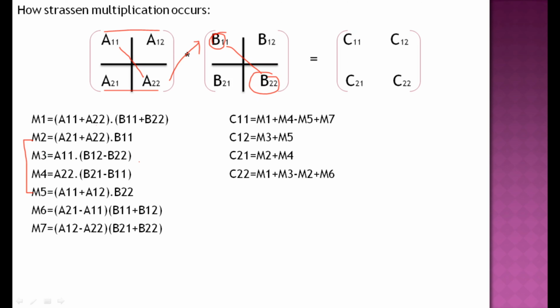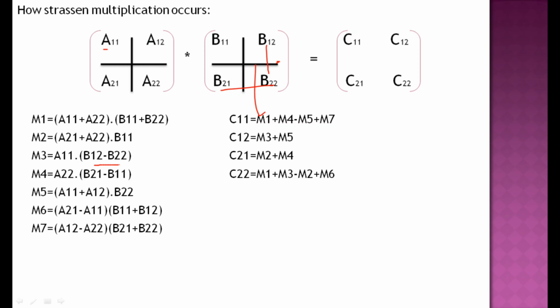Next, m3. If we take m3, a11 has to multiply with these two. When we take vertical, these two values must be subtracted. When we take horizontal, then these two values will be added. In every case, the whole thing will happen. So here when we take these two values vertically, a11 is multiplied with (b12 minus b22).